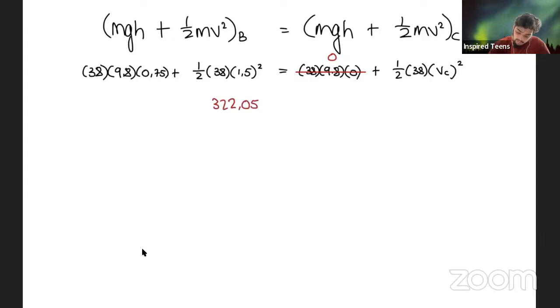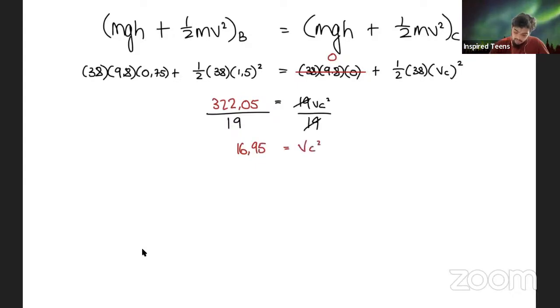For this entire left-hand side, I'm getting an answer of 322.05. This is equal to, we can simplify this right-hand side. I can have a half times 38. That's going to give me 19 v at C squared, or v final squared, doesn't really matter. Divide both sides by 19. So I have 322.05 divided by 19, and I'm getting 16.95 is equal to VC squared.